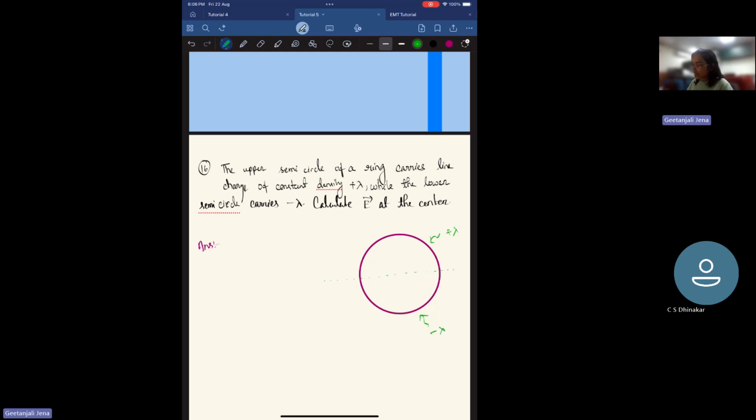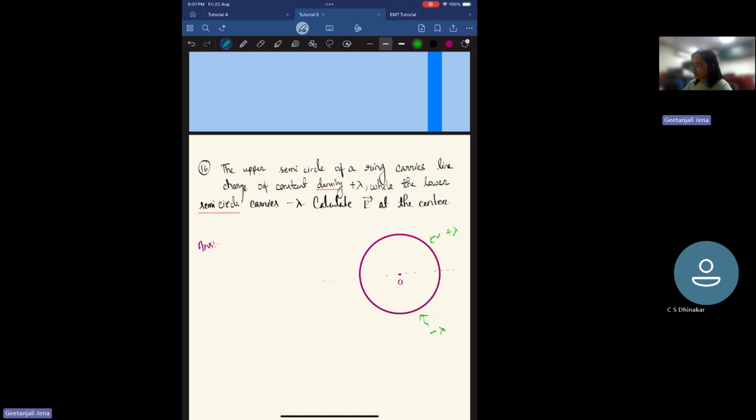The question asks to find the electric field at the center. So the procedure is the same. We need to take a small length element, then find the small field that will be produced by it, then integrate it over the whole circle to find the total electric field at the center.